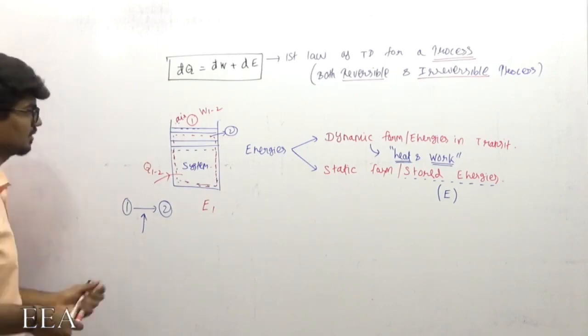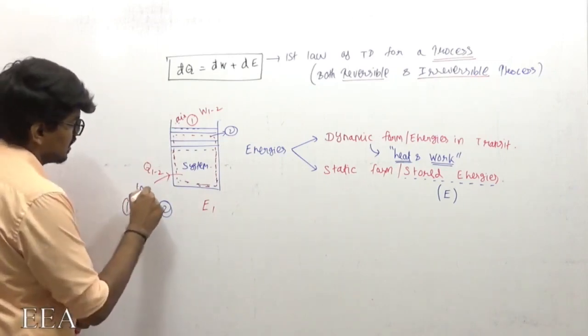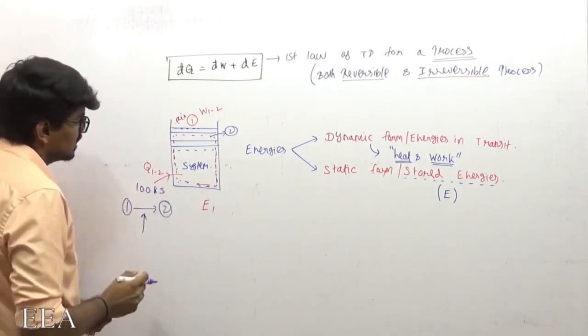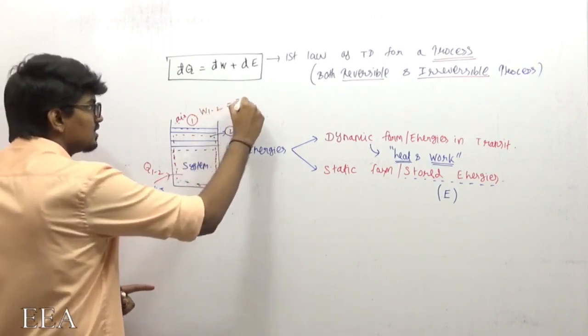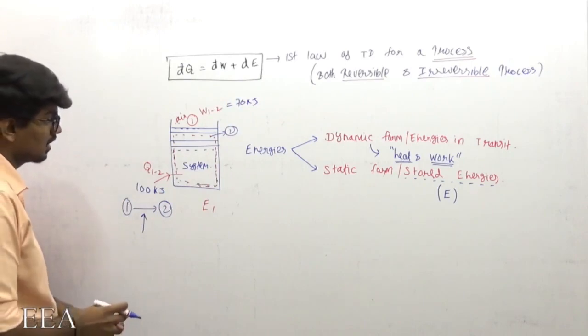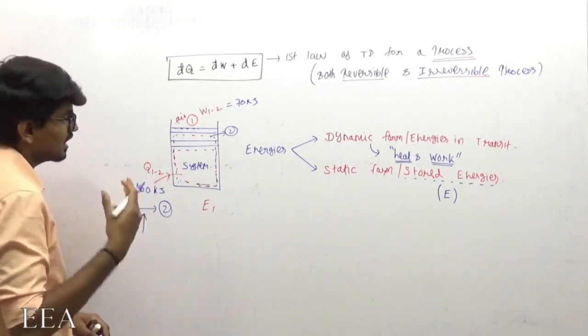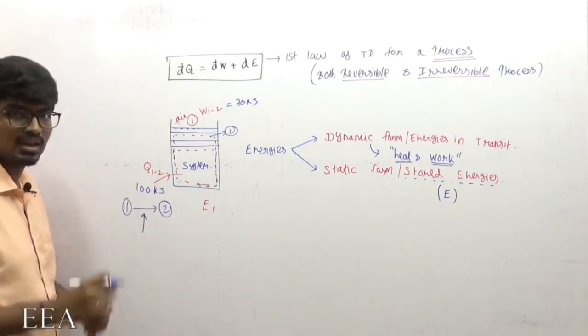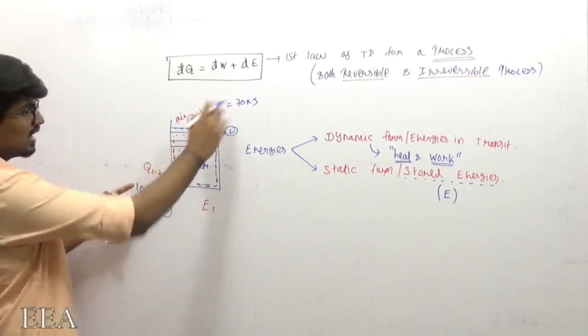For example, I am supplying some 100 kilojoule of heat and getting some 70 kilojoule of work. Then where does that 30 kilojoule go? That is the question. These two are dynamic forms of energies.